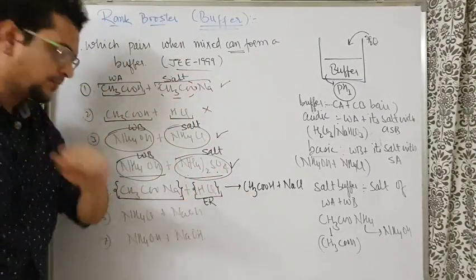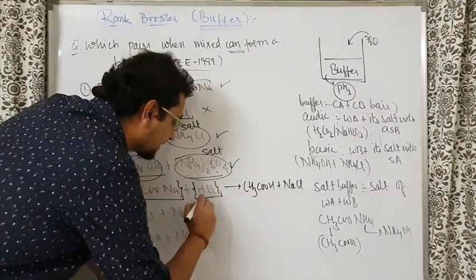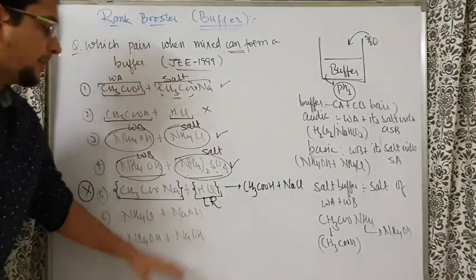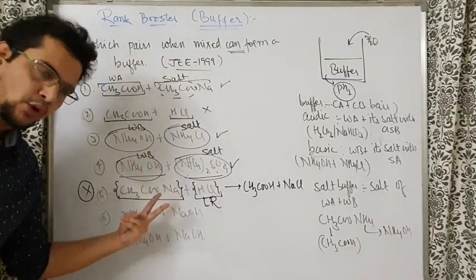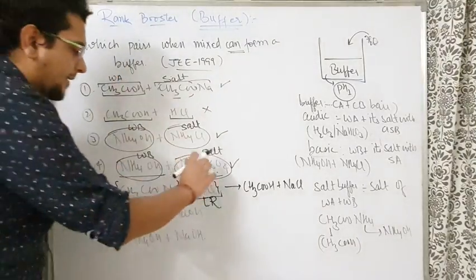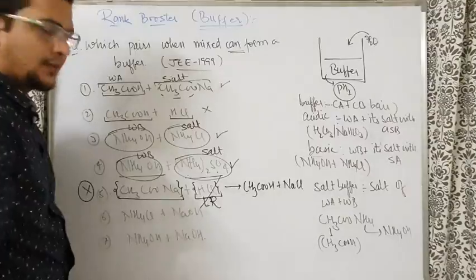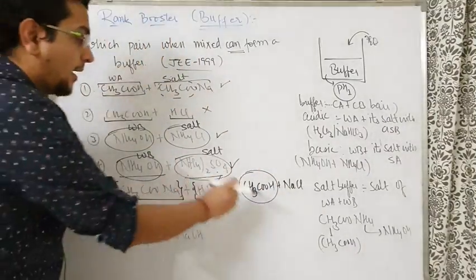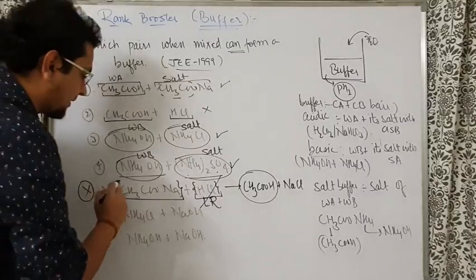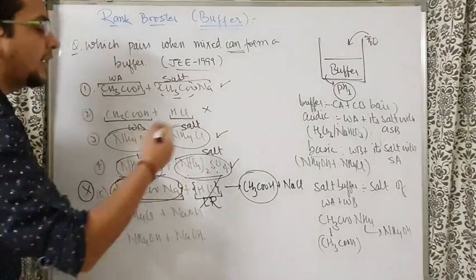But if I take HCl as a limiting reagent, that means the amount of HCl, let us take 1 mole, sodium acetate 2 mole. So by the end of reaction, HCl will get completely over. Some of the acetic acid will be made, which was not here, but it will be made after reaction, and some of the sodium acetate will be left over.